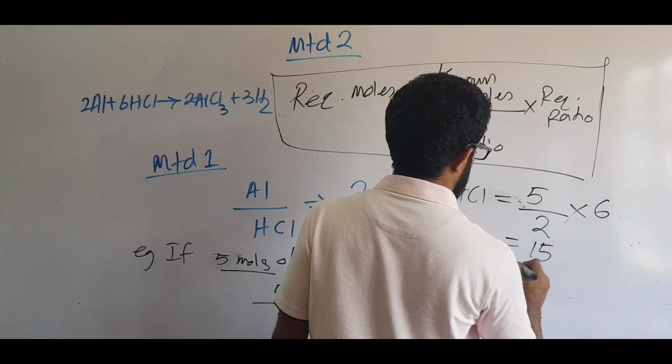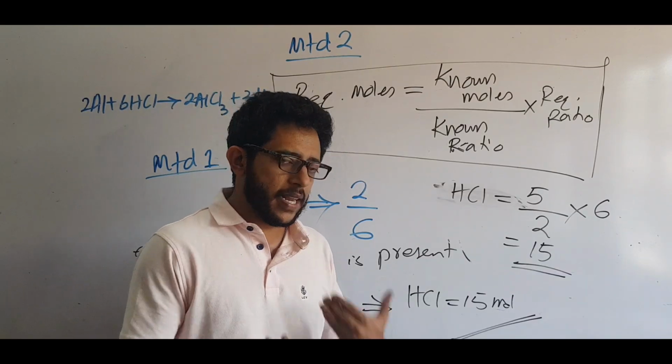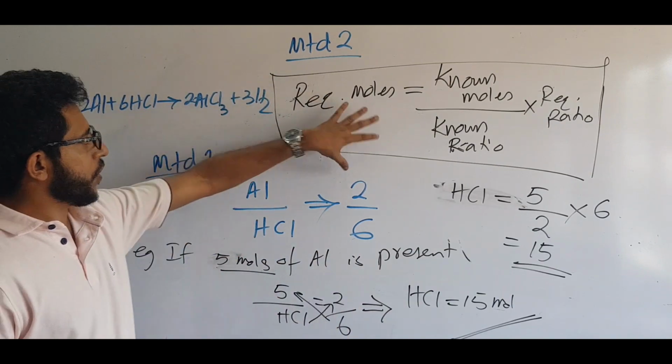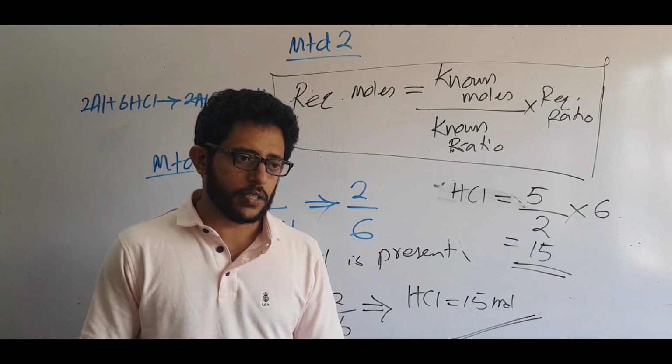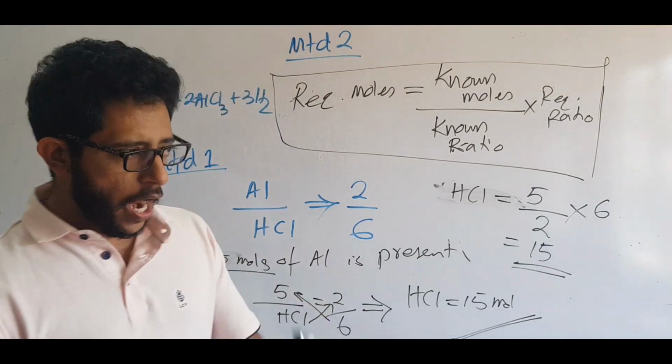Again the answer comes as 15. So you can use two methods. You can either use the ratio or you can use the equation. That is how we use the known values to calculate the unknown value.